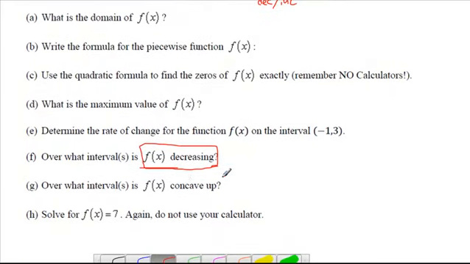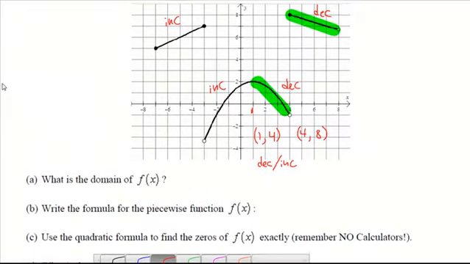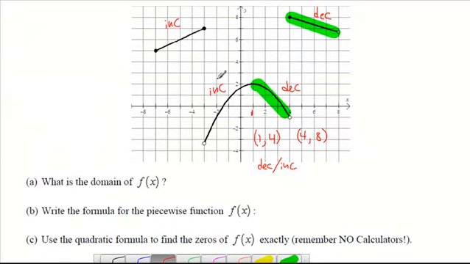The other question, concave up. Where is this concave up? Concave up like a cup. Looking up here, I actually don't see anything that's concave up. This is definitely concave down. The parabola.